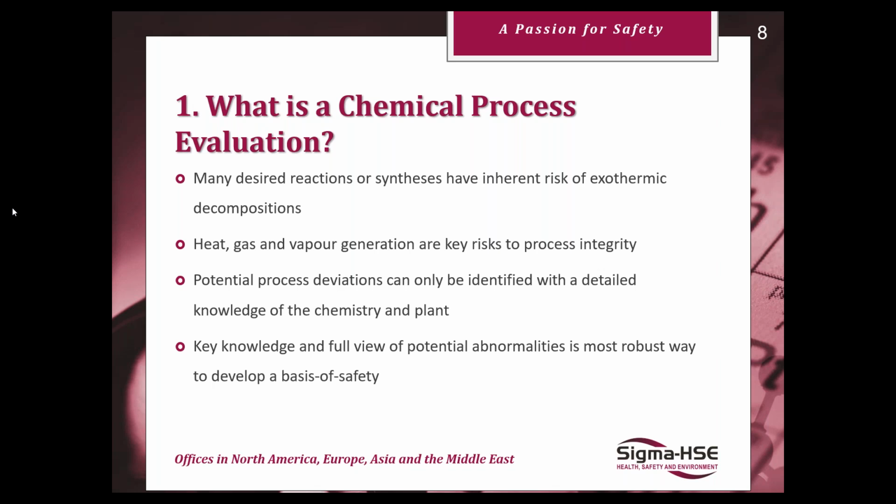So chemical reaction hazard may just be data itself, whereas chemical process evaluation feeds from the data, but informs part of your assessment, and then integration into how you're actually going to operate your process and put safety controls in place.